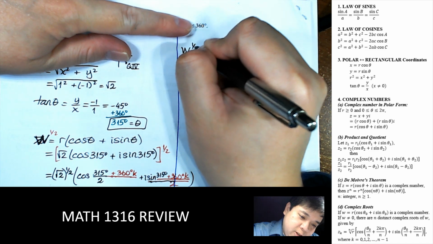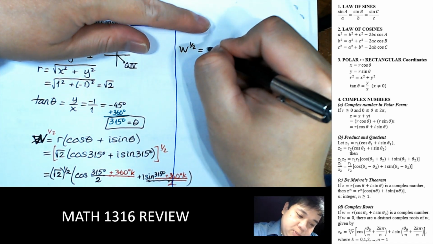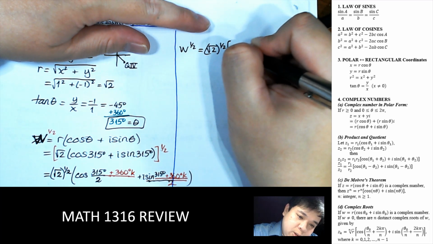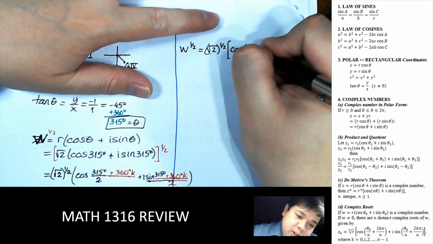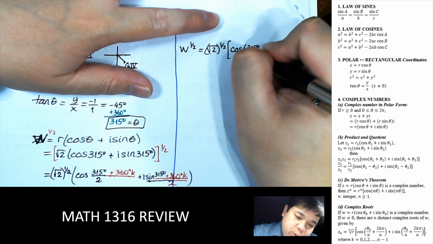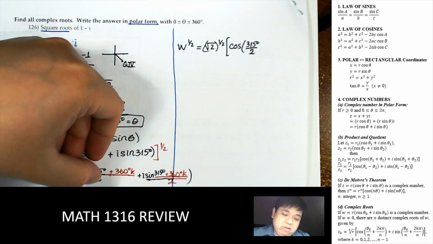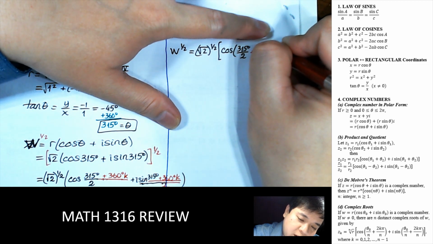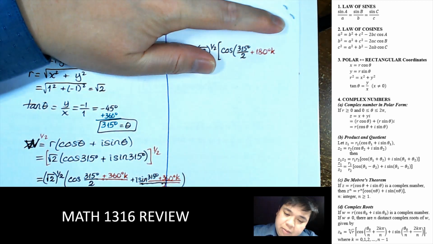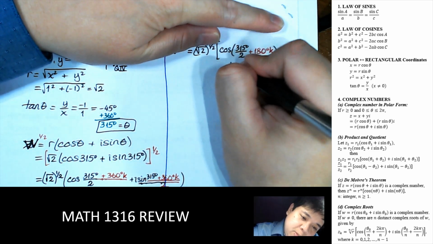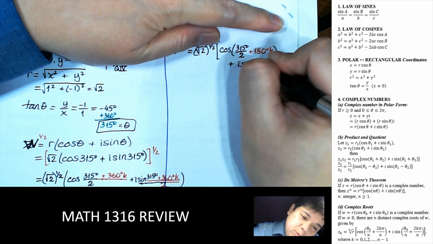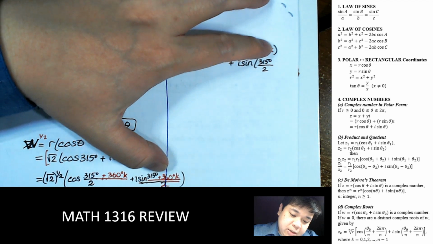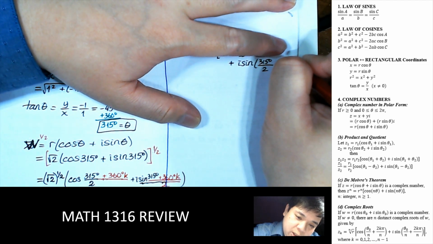So the root of w is square root of 2 to the 1/2, cosine of 315 over 2. 360 divided by 2 is 180, so plus 180 degrees times k, plus I sine of 315 degrees divided by 2, again plus 180 degrees times k.